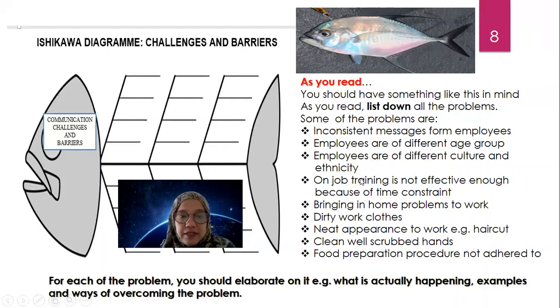taken from the passage. For each problem, you should elaborate on it. For example, what is actually happening? Give examples of the problem itself and ways of overcoming the problems.